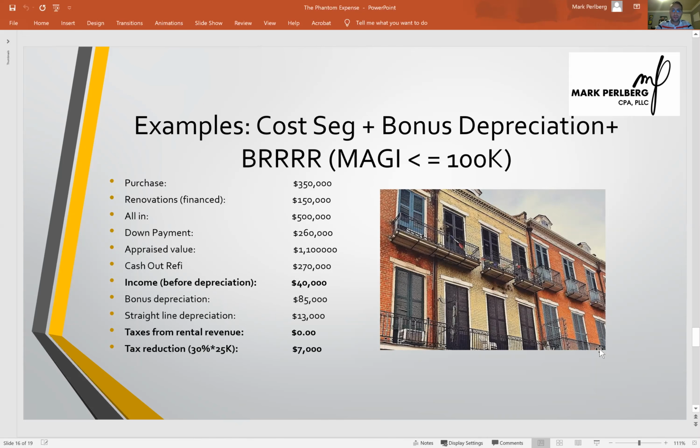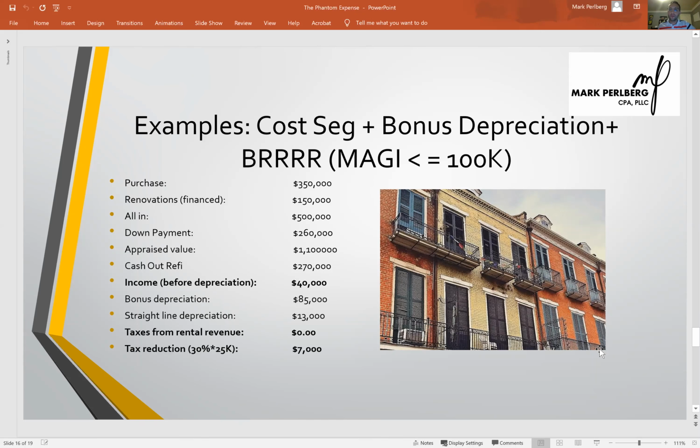And let's say we also get another $13,000 with straight line depreciation. In this instance, we will be able to offset all of the income, all of the revenue minus expenses that is generated from this rental property, meaning this rental property is going to be cash flow positive. But because we have this bonus depreciation, we are going to be able to offset any tax liabilities from this property.